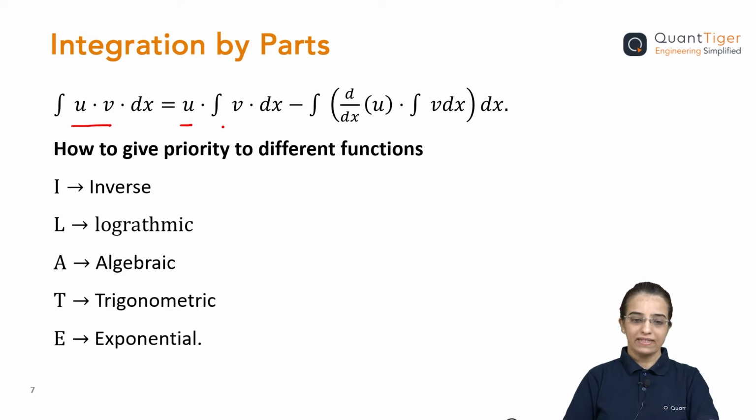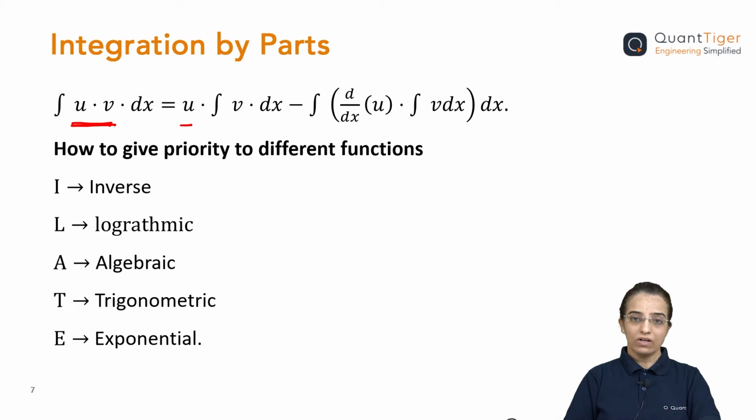Before we apply this rule, we have to make sure these terms which are in the product under integration follow a certain order. We know that there are different types of functions in maths, like inverse function, logarithmic function, algebraic function, trigonometric function, then exponential function.